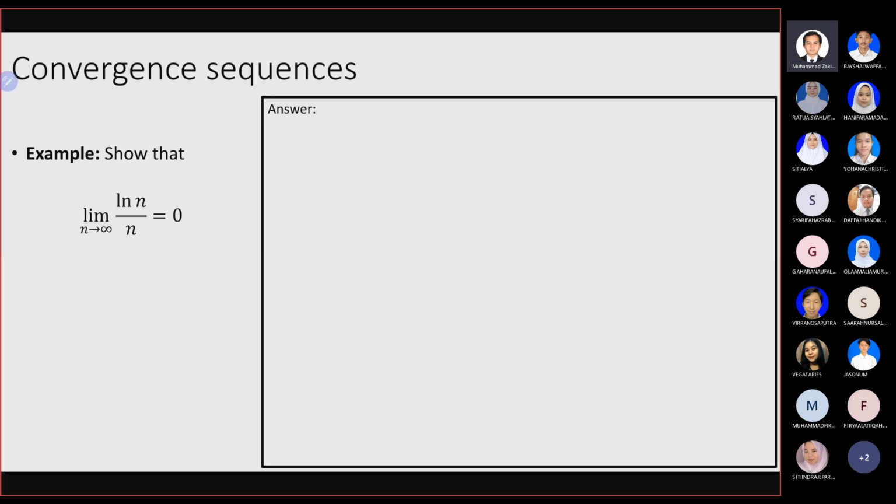Now, for the next one, we need to show that the limit of ln n over n is equal to 0 as n goes to infinity.